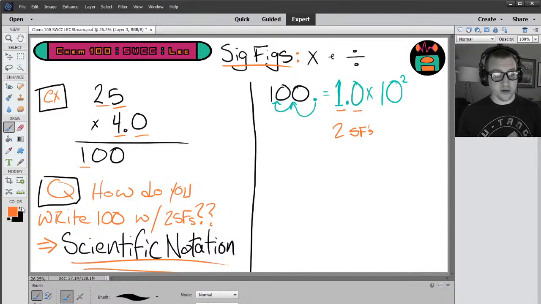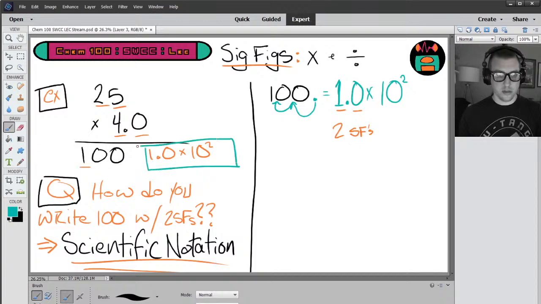So our answer here is 1.0 times 10 squared. That is how you write 100 with 2 sig figs.